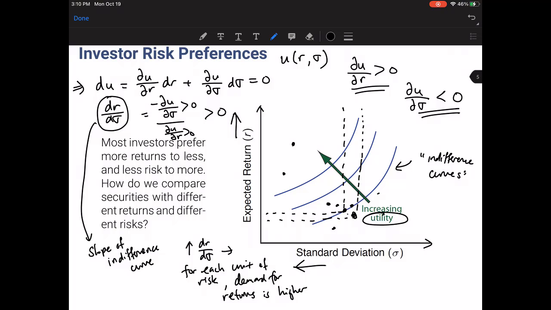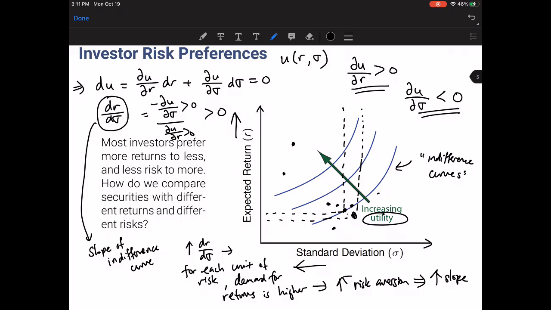Okay, so another way of saying this person is much more risk averse, and what that means is that the slope is steeper. Based on this mathematical explanation, it should be quite clear that, using this graph, the steeper the slope means that this person is more sensitive to changes in risk because they demand more return per unit of risk.